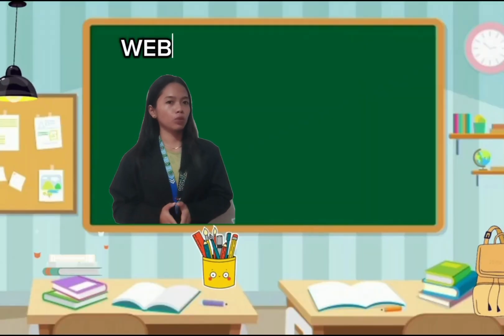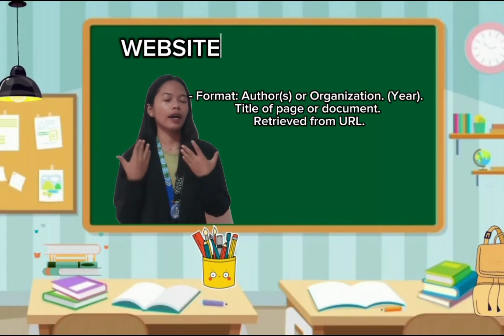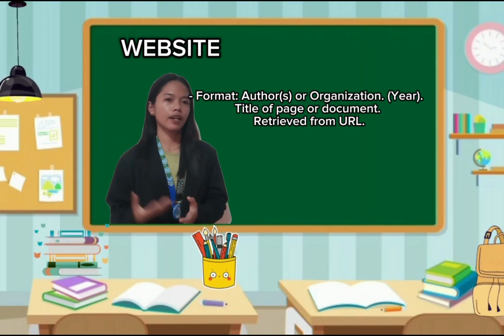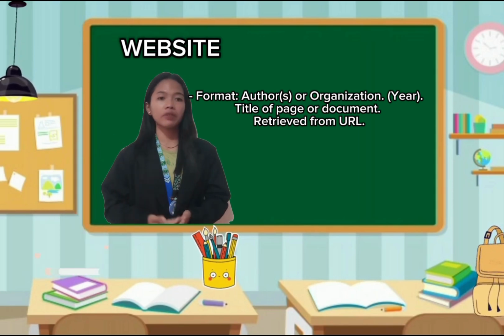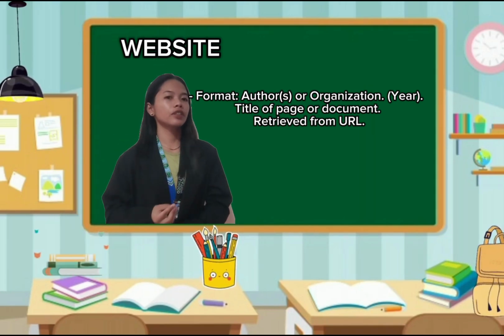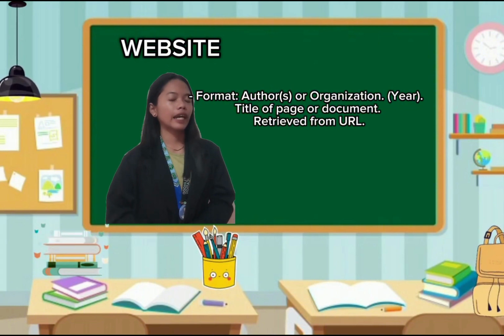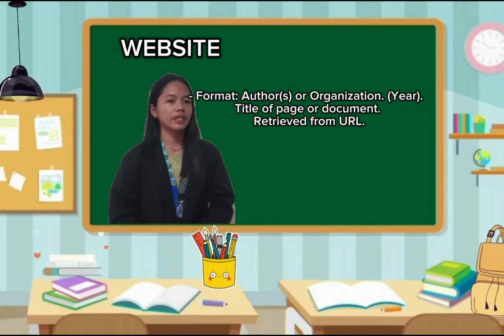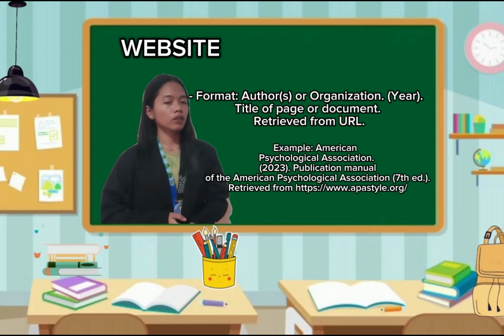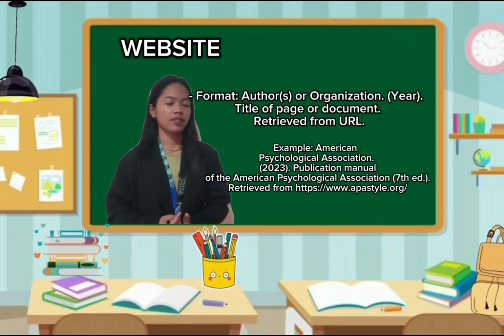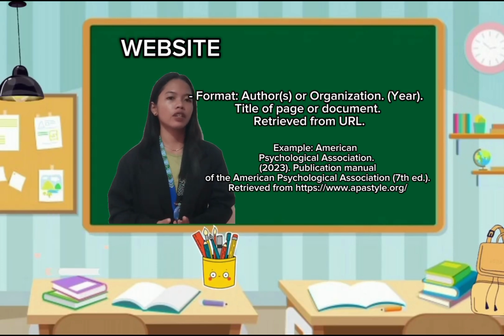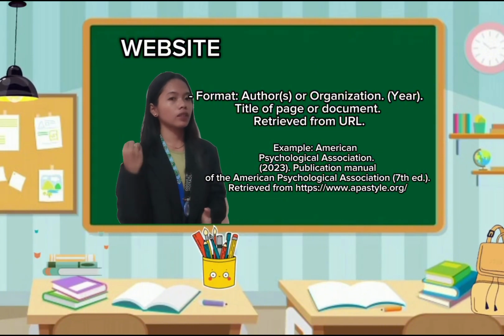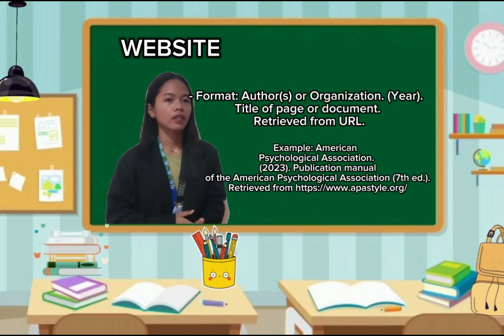So let's move on to website. So this is the format of the proper citation of a website. The author or authors or the organization, period, year in parentheses, period, title of page or document, period, and retrieved from URL, period. Example, the author or the organization is the American Psychological Association, period, 2023 in parentheses, that is the year, period.